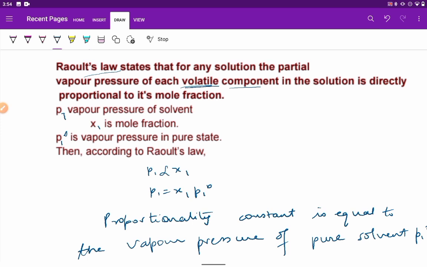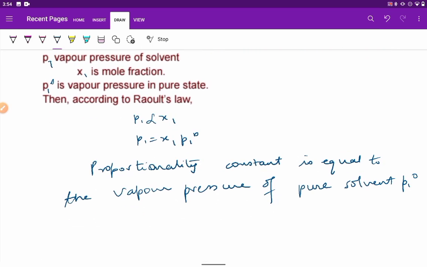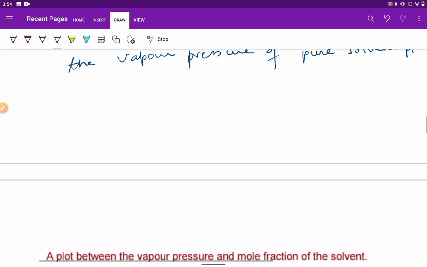So if we remove the proportionality sign, we multiply with P1 naught. So P1 is equal to X1 P1 naught. The proportionality constant is equal to the vapor pressure of the pure solvent, P1 naught, in this case.